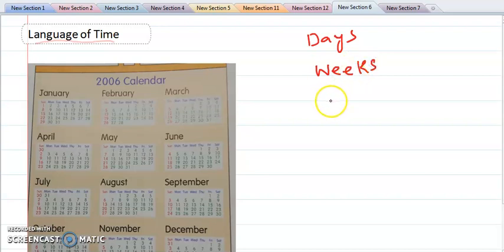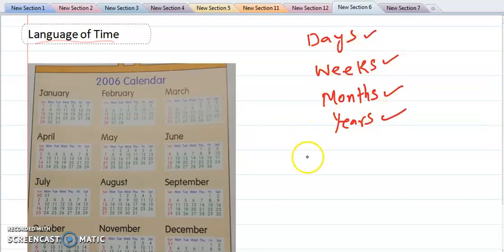If it becomes even larger, then we measure it in months, and if it becomes even larger, then we measure it in years. And we have bigger units also that you will learn in the higher classes. Now these are units of the time, or the vocabulary words for the time that we use.